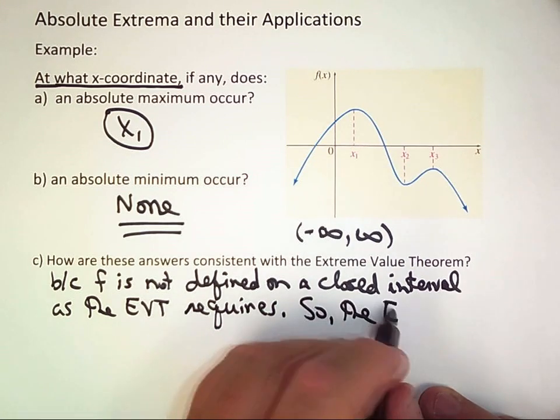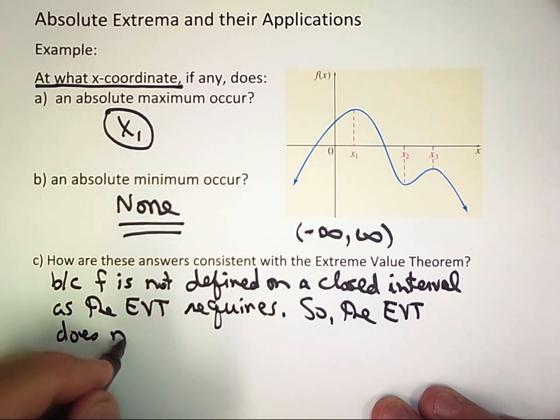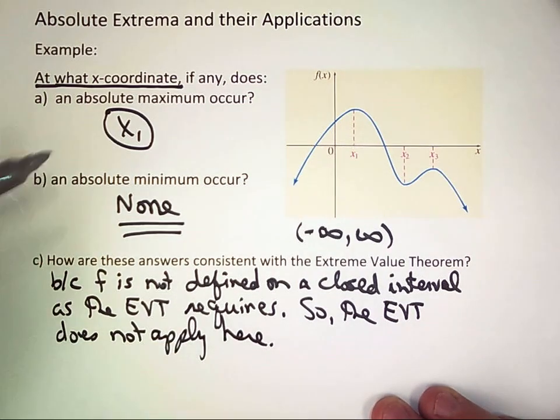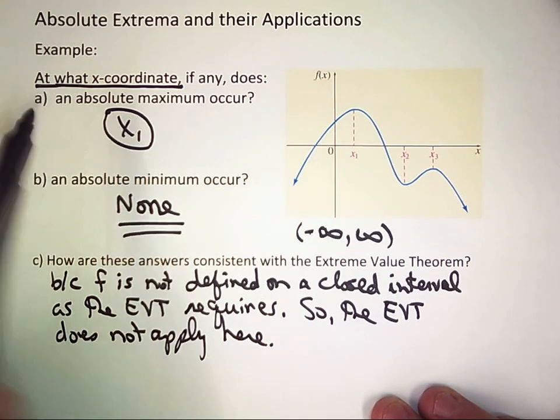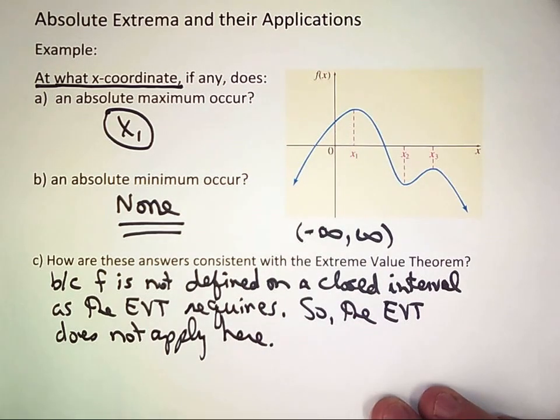Which means that the extreme value theorem doesn't apply. If it doesn't apply, you don't have to have one of each. So it's that simple. The extreme value theorem requires continuity, which we have, but it also requires a closed interval, which we don't have.